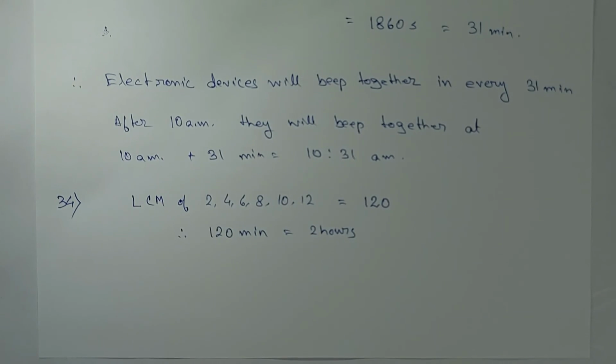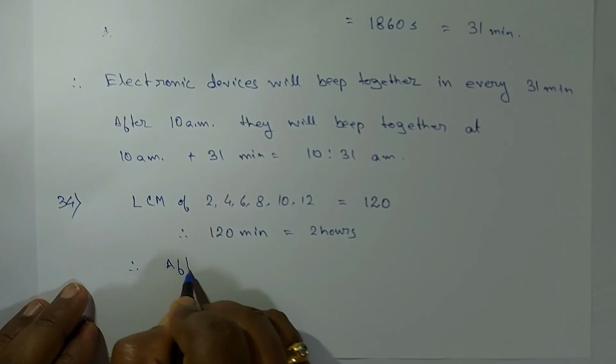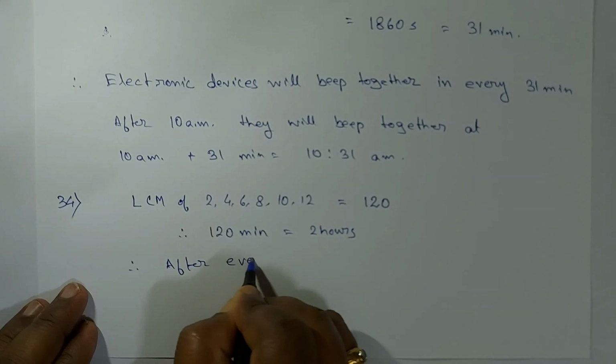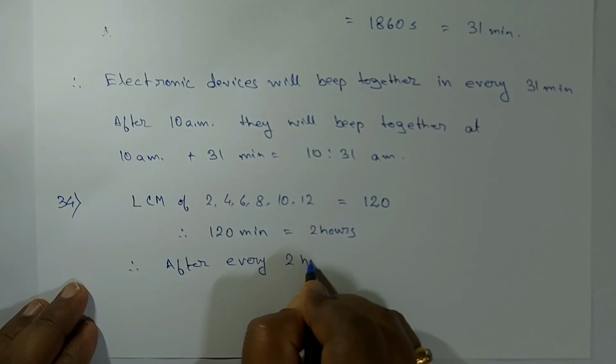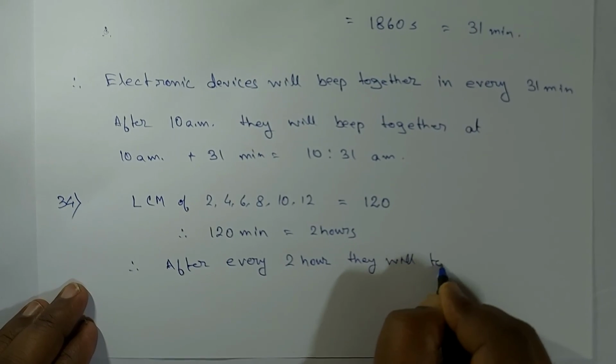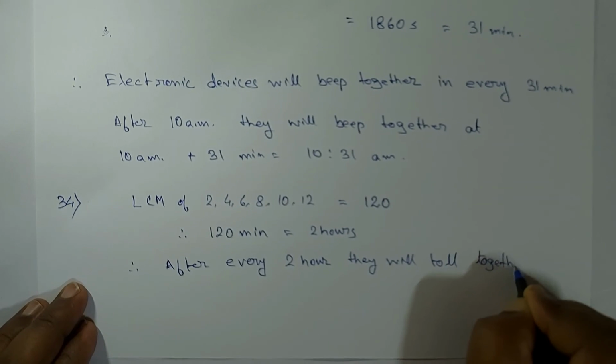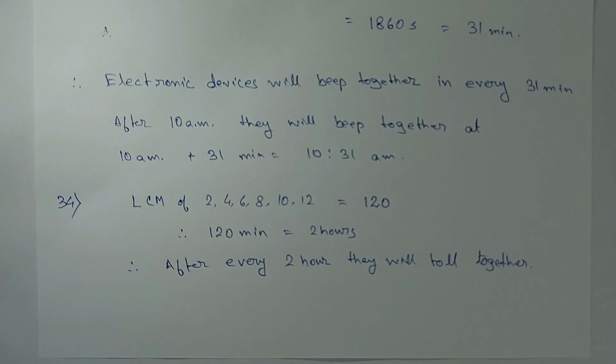Okay. So that means every 2 hours they will toll together. Now in 30 hours, how many times will they toll together?